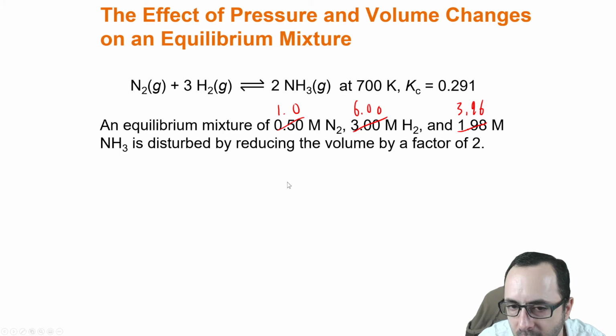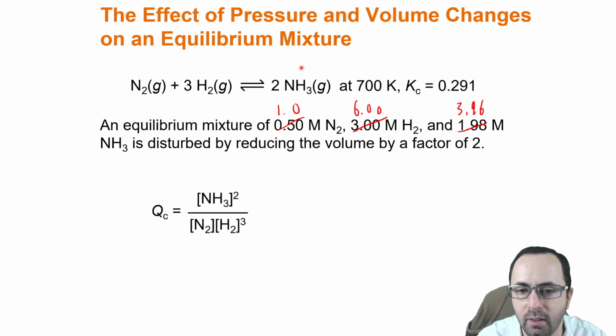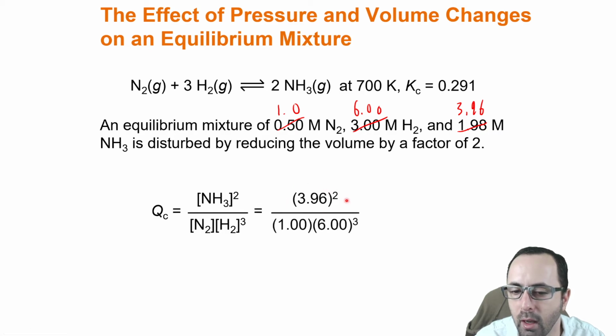And so we can plug that into Q now and calculate Q. So again, Q is the NH3 concentration squared, divided by the nitrogen concentration, divided by the hydrogen concentration cubed. And so we'll put those in. The new concentration here for NH3 is 3.96. We're going to square that. For the N2, it's now 1.00. We're going to take that to the first power, and for the hydrogen, it's 6, and we're going to cube that.